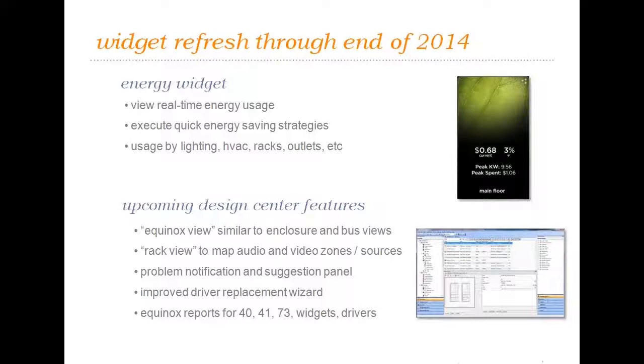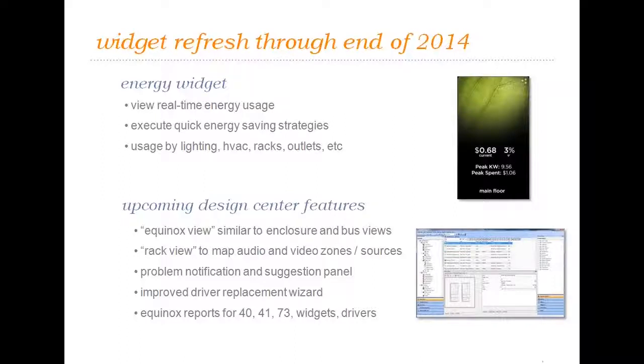One of the things that we'll be adding is what we call the Equinox view, where you can, before you send the file down to the controller, see what widgets will show up, not necessarily in graphical form, but you'll see what drivers are visible, what drivers are used, what zones and sources, what loads, etc. And then you'll also see any kind of issues that may arise, or incompatibilities with drivers and Premier partners, or the way you've set up the project inside of Equinox View.